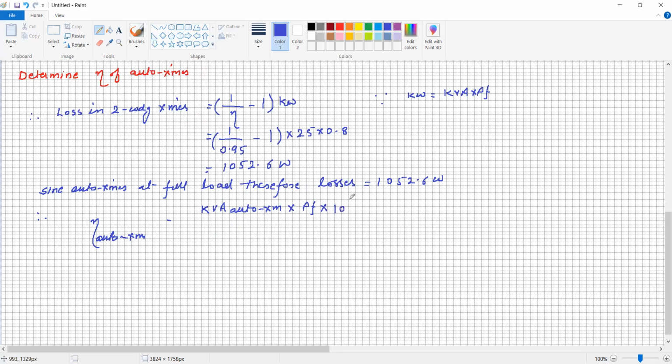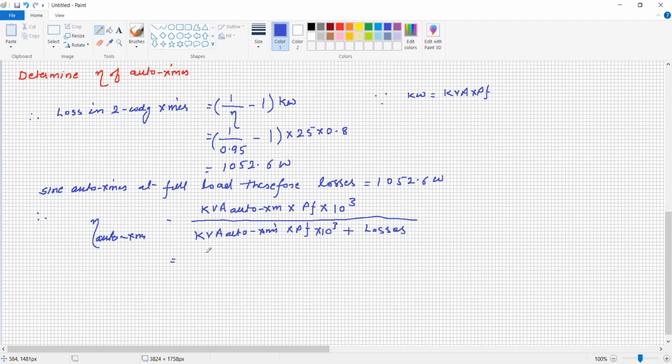Since losses are given in watts, the efficiency is kVA of the auto transformer multiplied by power factor multiplied by 10 raised to 3, divided by that plus losses.